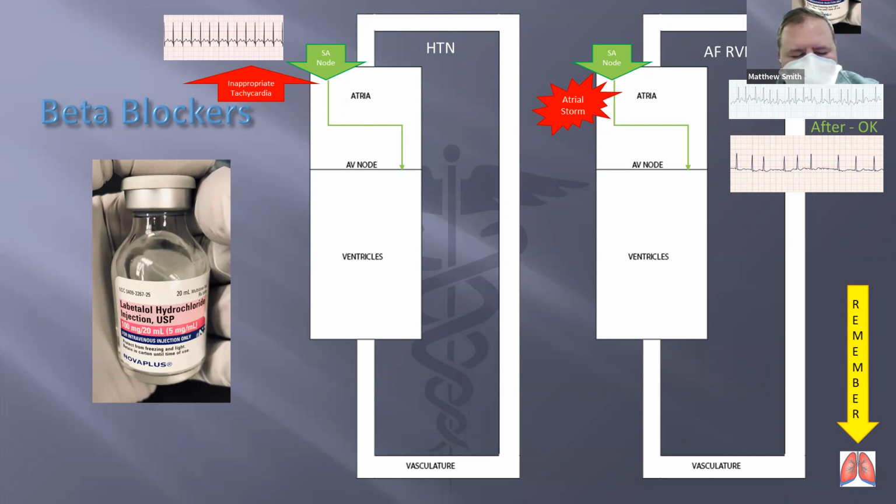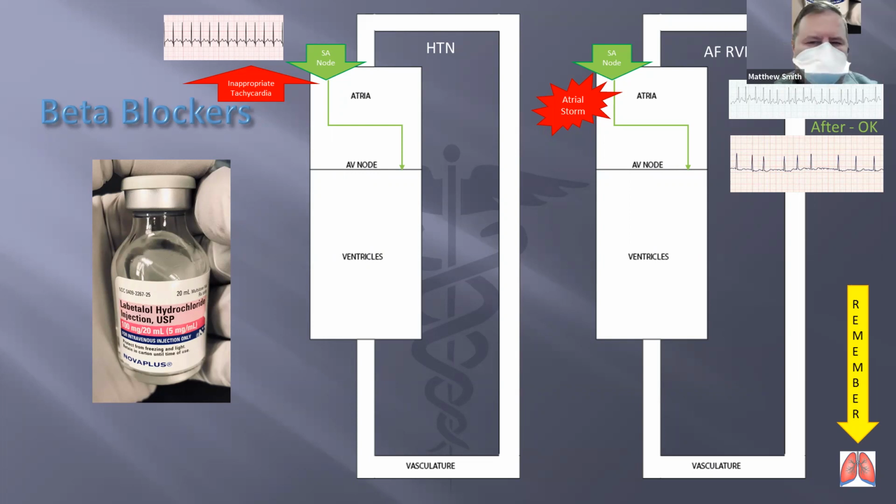The other thing to remember with beta blockers is over here, the lungs. So what do we use to treat asthma? We use beta agonists like albuterol. Remember that beta blockers don't just block the beta receptors in the heart, they also block beta receptors in the lungs.